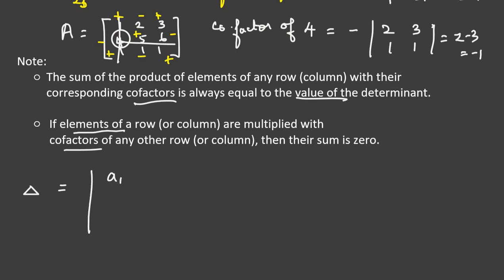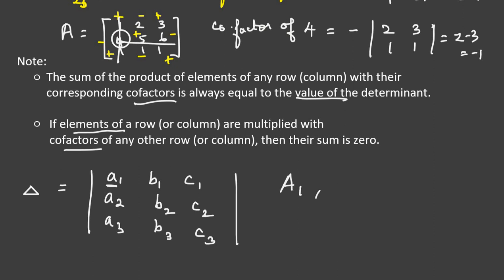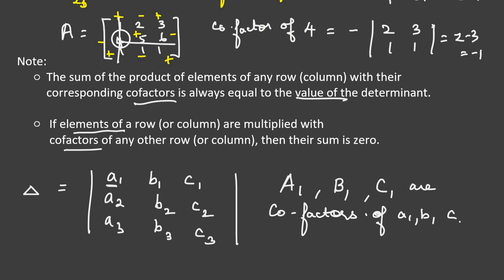the elements a1, b1, c1, a2, b2, c2, a3, b3 and c3. The cofactors of a1, b1 and c1, given by capital A1, B1 and C1, are the cofactors of the corresponding elements in the given determinant.